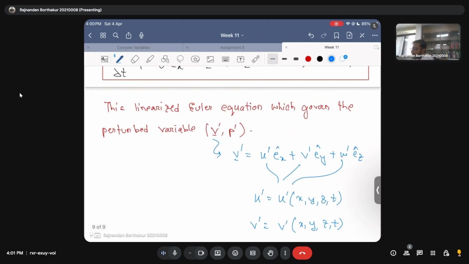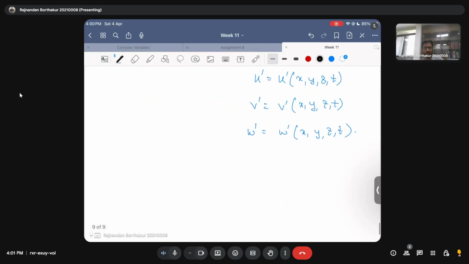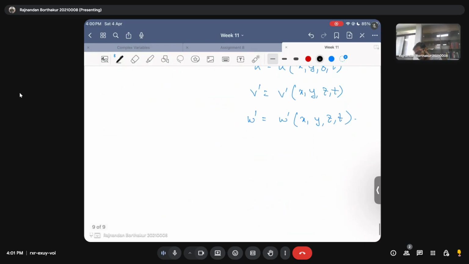Okay, so that's it. We now have the equations which govern the perturbed variables. So what we'll do is one more bit of simplification. We will rewrite the equations.